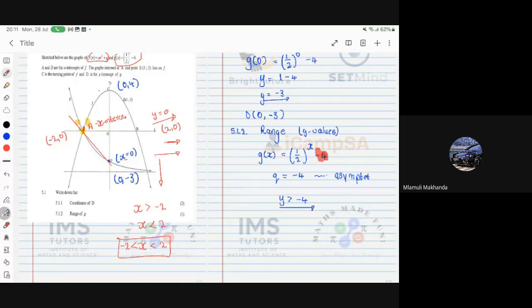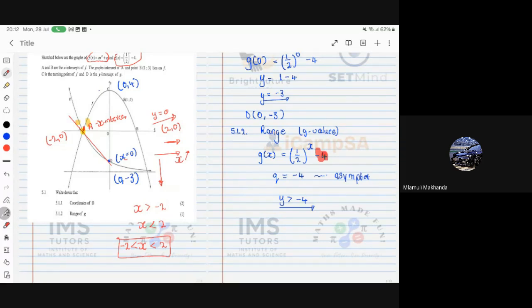As the function goes toward positive x values, getting bigger and bigger as x gets bigger and bigger, what is happening to the function? It is decreasing. As the function is going in that direction, it's getting smaller and smaller.